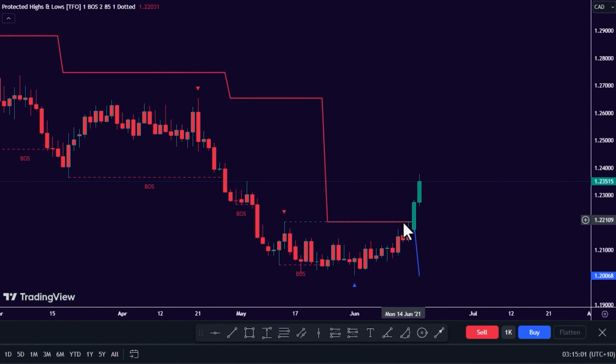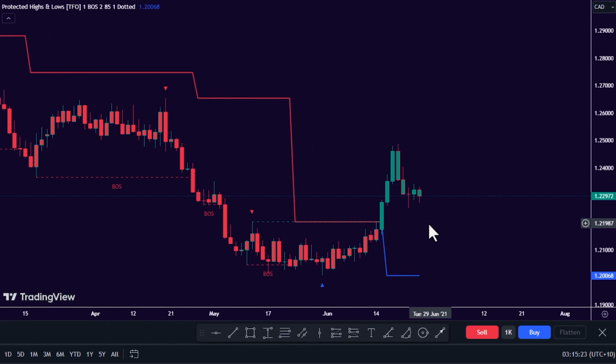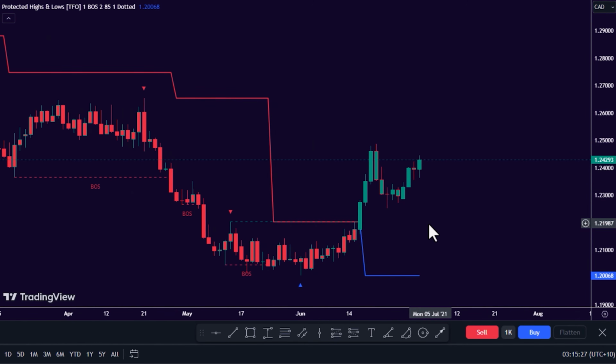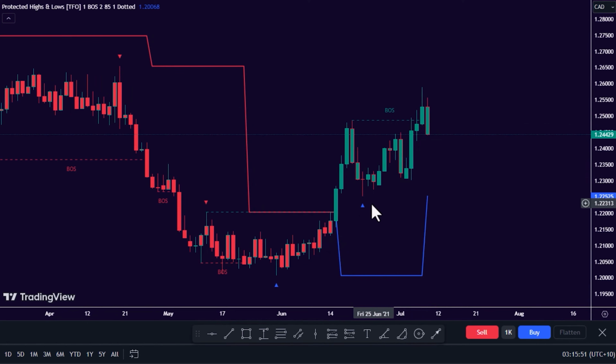Step 3. Confirm a surge in bullish volume to close above the green dotted line of the protected highs, BOS. Step 4. Wait for the Show Protected blue arrow to pop up underneath the Show Protected trail blue line. Step 5. Consider entering a long position with appropriate risk management.